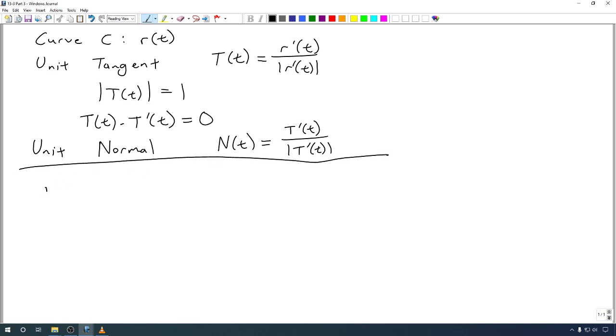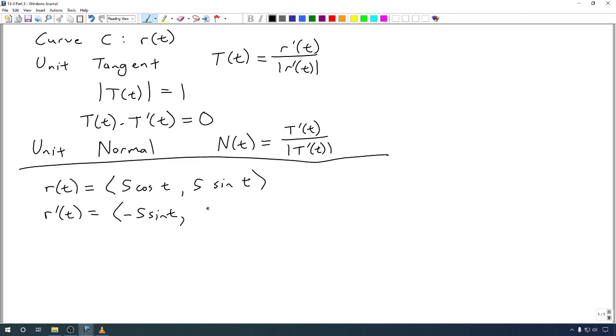So here, I'm going to look at the curve r of t given by the parameterization 5 cosine t, 5 sine t. It's a fairly nice, simple example. In fact, if you remember how this works, this curve is just going to be a circle with radius 5. If I take the derivative to find the tangent, the derivative of 5 cosine is going to be negative 5 sine.